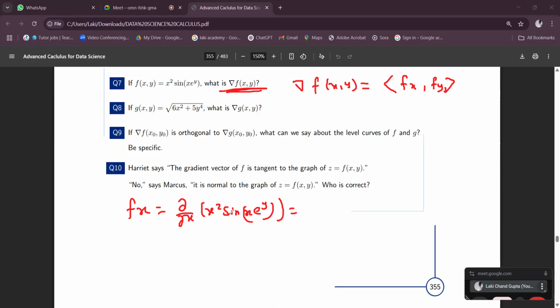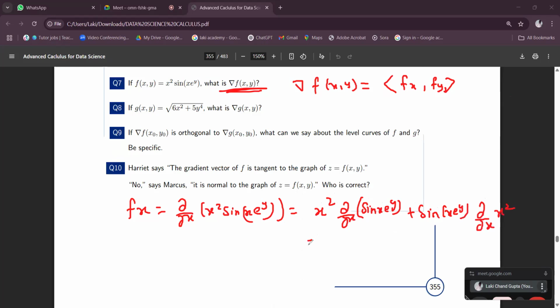So now you will use the product rule. Derivative of x square, derivative of what? You know the product rule?